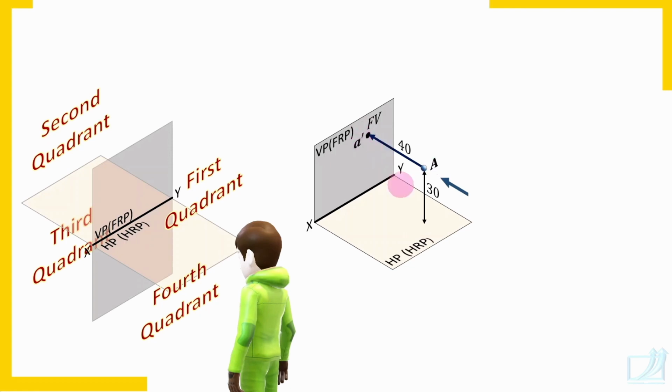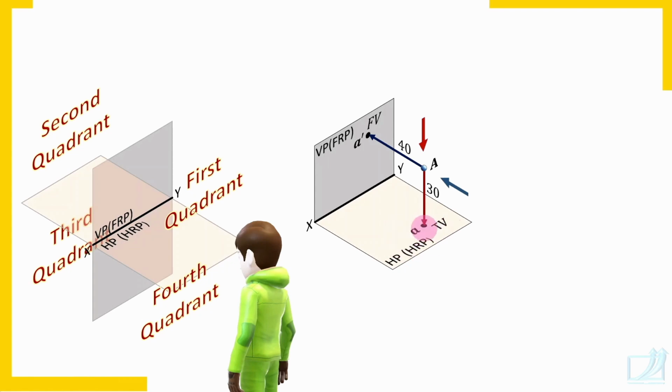Now when an observer observes the object in the direction perpendicular to HP, and whatever he can see, if he draws exactly below the point on HP, then that is its top view. It is also called projection of point A on HP. Here we are labeling this projection as letter a, but remember it is small letter a.